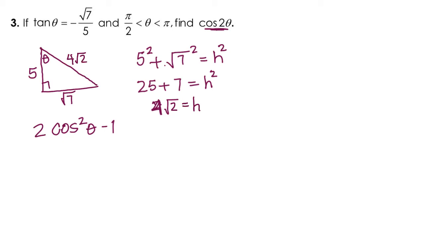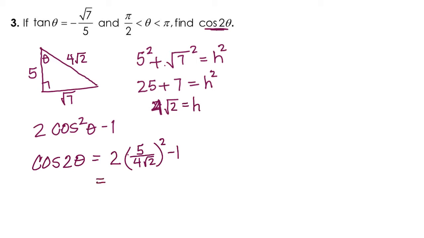Okay, so now let's go through and see what our 2 cosine squared theta minus 1 is. So let's go ahead and plug that in. I know that cosine of 2 theta is equal to 2 cosine squared theta minus 1. So cosine is going to be 5 over 4 root 2, all squared, minus 1.